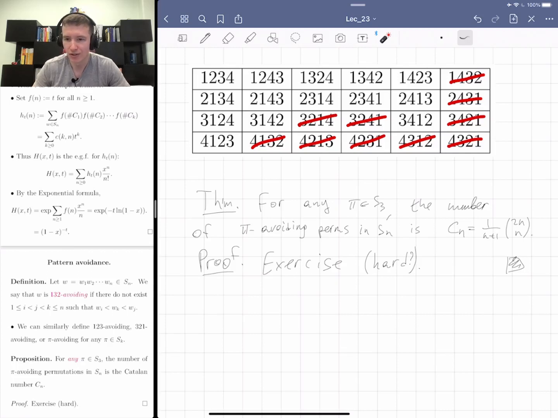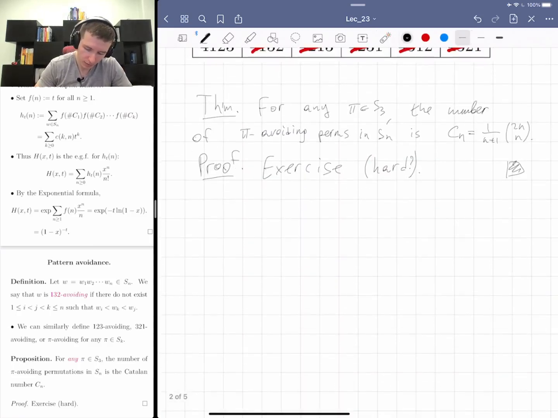Somehow, is it true that for each pi in S4, the number of pi-avoiding permutations in Sn are equal? That is not true. So if you look at permutations in S4, remark, not true for S4.